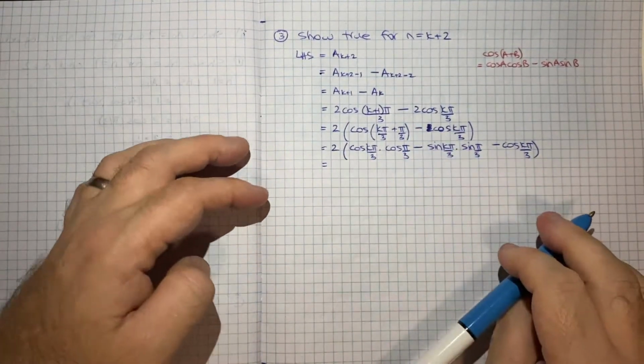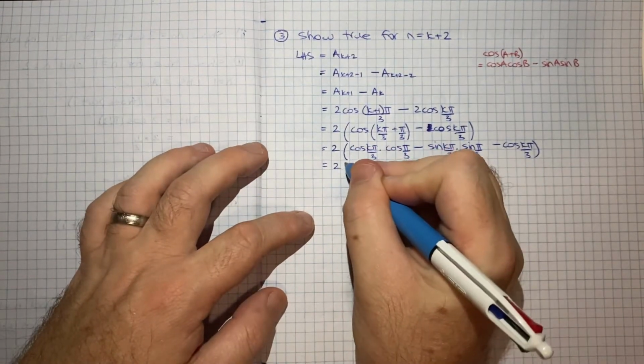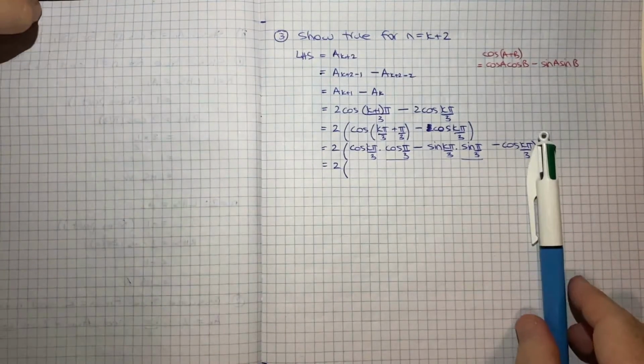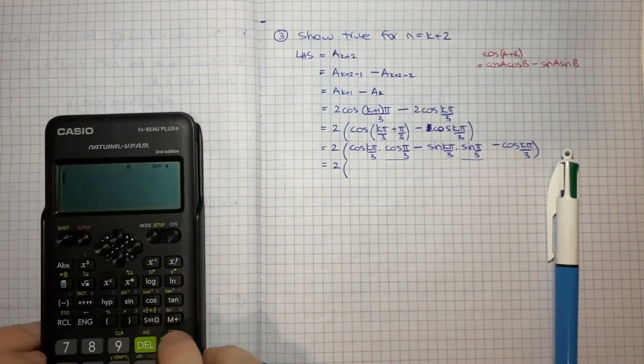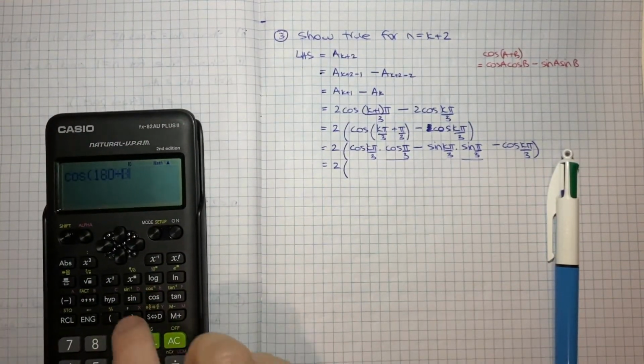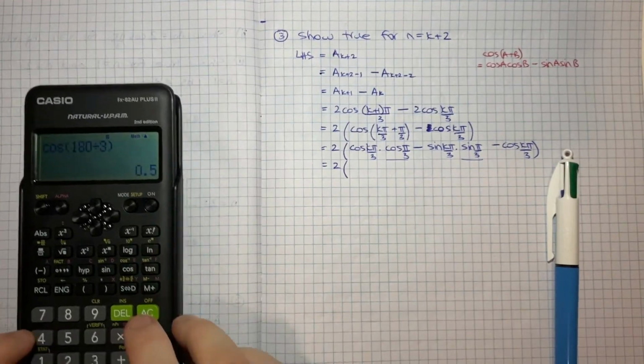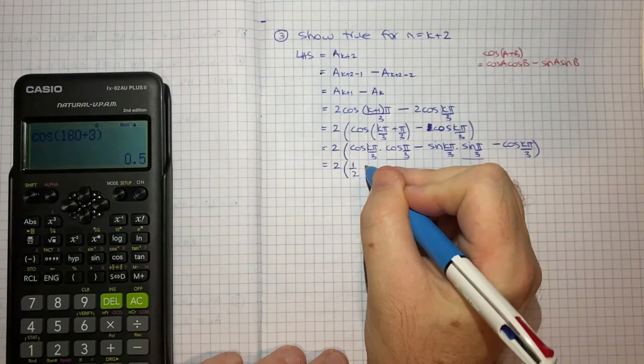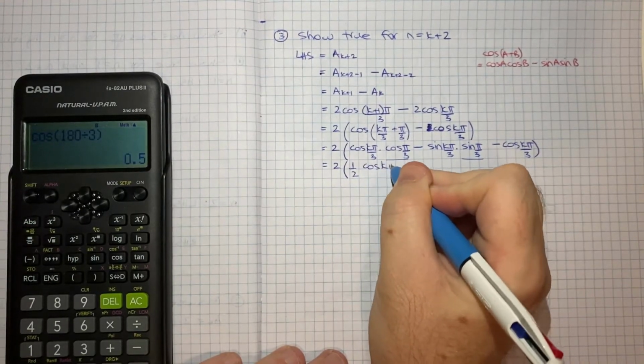Alright, so that's going to be 2 times, and I might just throw these into the calculator. So cos of 180 divided by 3, which hopefully is familiar, is a half, so we'll get a half cos k pi on 3.